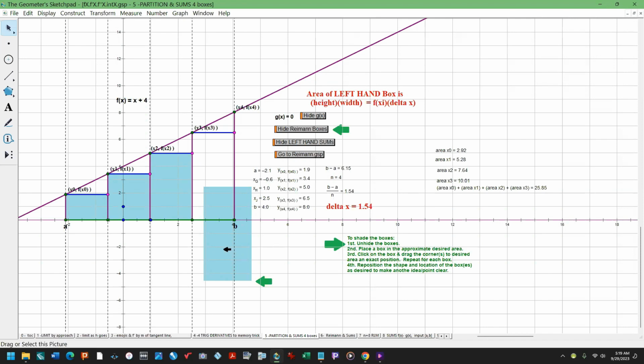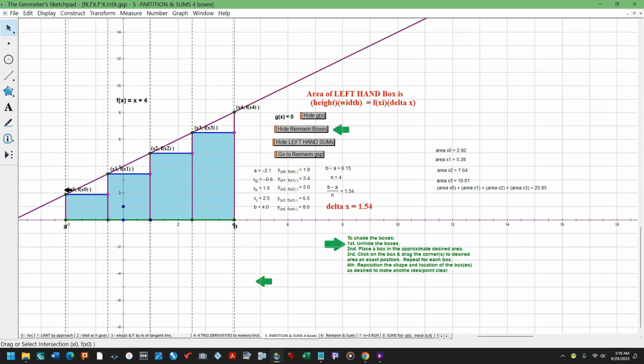And I have a toy here, and I almost never get it perfect, but I'm attempting to make the box. Well, that's not bad. I did pretty well. Okay, here's the area under the curve. I'm going to hide the boxes, but I'm now going to show the boxes, and you can see clearly now where the boxes are.